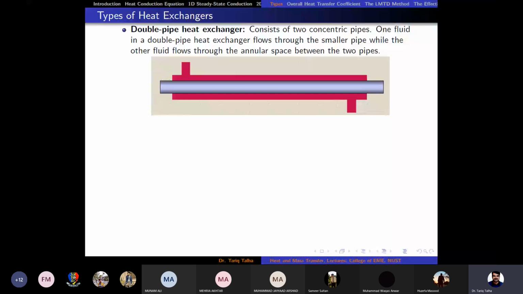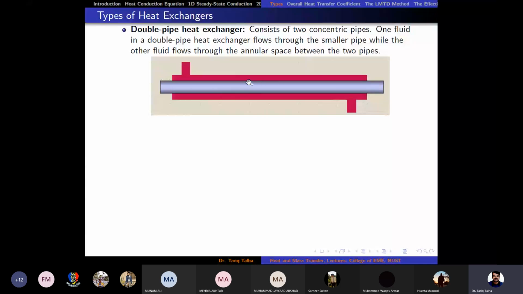Now that we know what a heat exchanger is, we can discuss different types of heat exchanger. The simplest one we can think of has two pipes, one of bigger diameter and the other of smaller diameter. We put the smaller diameter pipe inside the bigger diameter pipe.